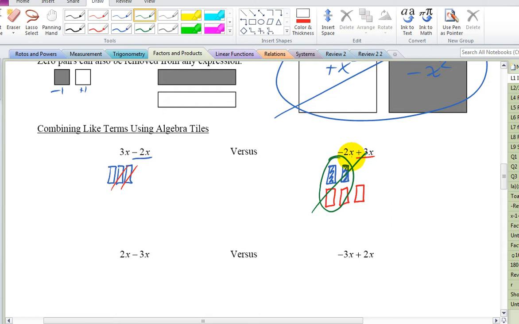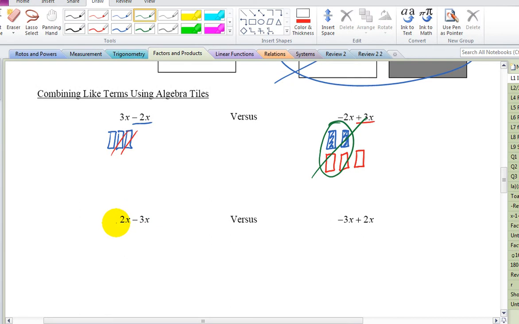Exact same answer, x, but way different drawing. Okay, try drawing the next one. 2x minus 3x. Draw that, please. This is a hard one.